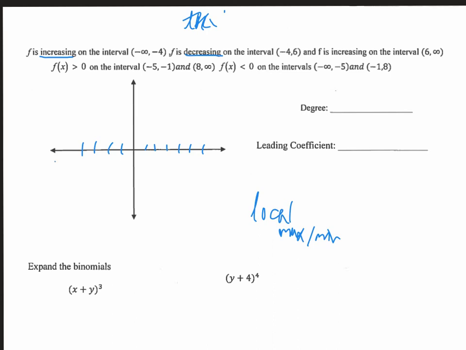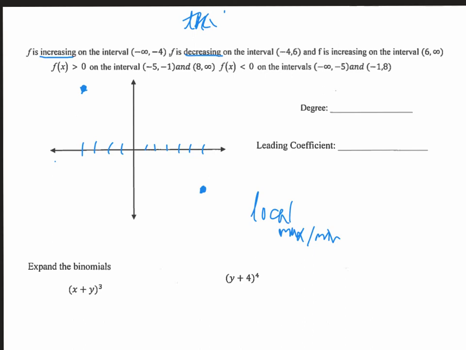Okay, so I'm going to put a dot there. And this side's got to be going like this because it's got to be increasing on the left. And then my other critical point is going to be at positive 6. And that is decreasing. And then f is increasing after that. So I've got to be increasing right here, decreasing here, increasing here.